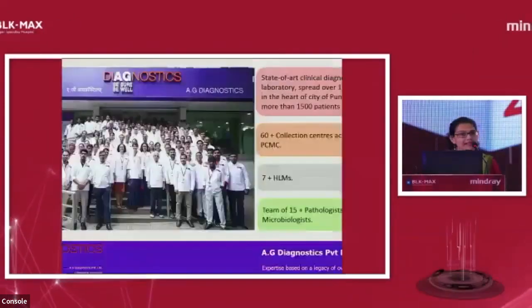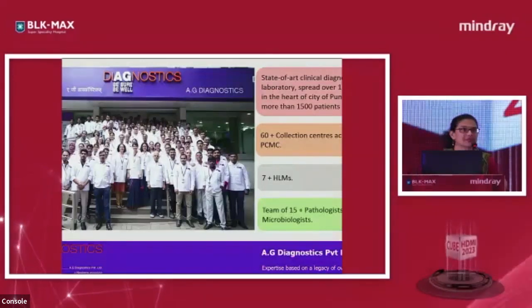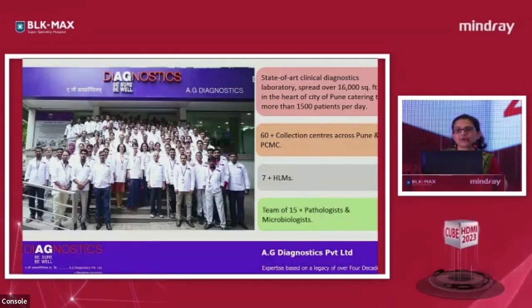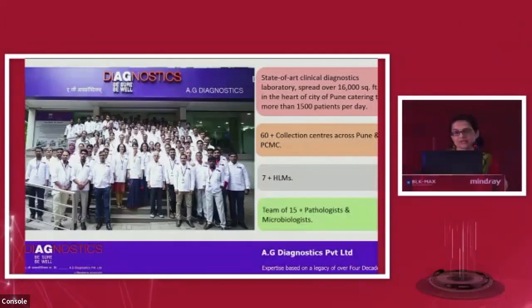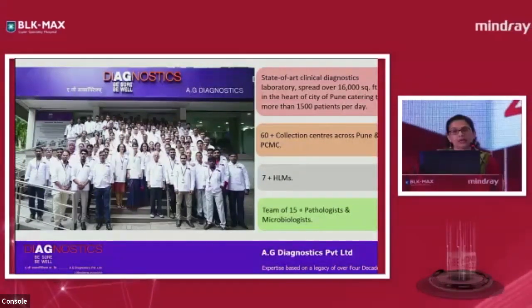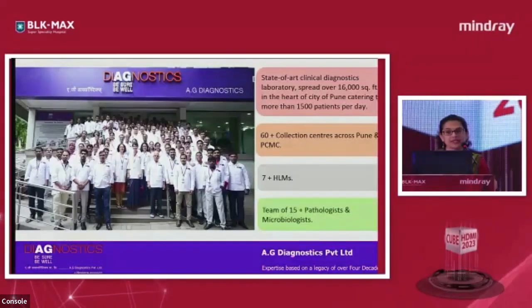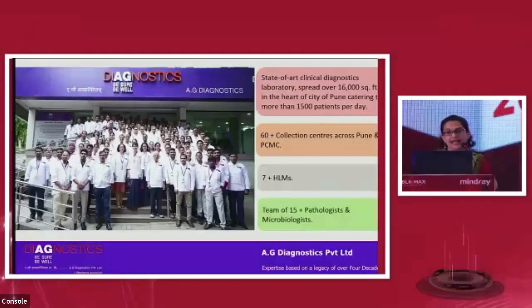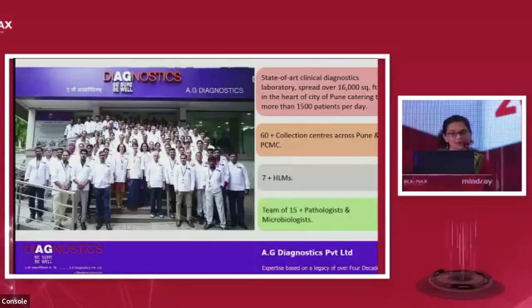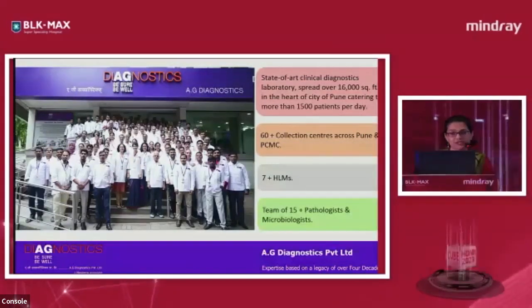Beginning my talk with a little information about the organization, AG Diagnostics. We are a state-of-the-art clinical diagnostics laboratory spread over 16,000 square feet in the heart of the city of Pune. We have 60 plus collection centers across Pune and PCMC region with 7 hospital labs. And our strength is our experienced team of technologists and 15 experienced pathologists and microbiologists.